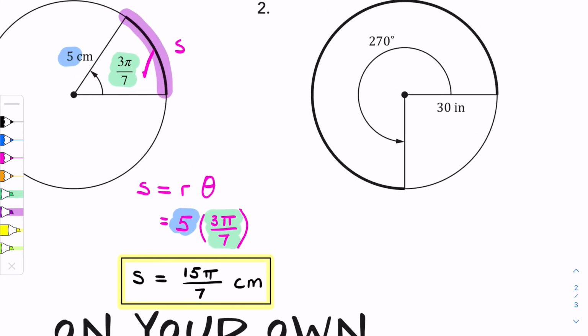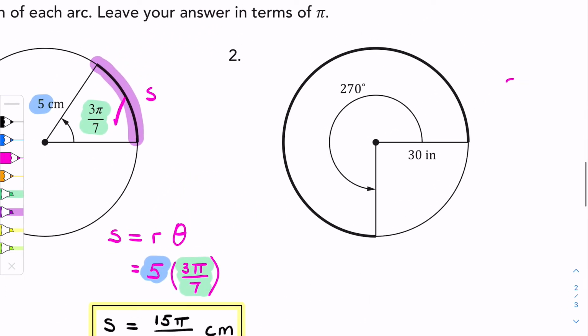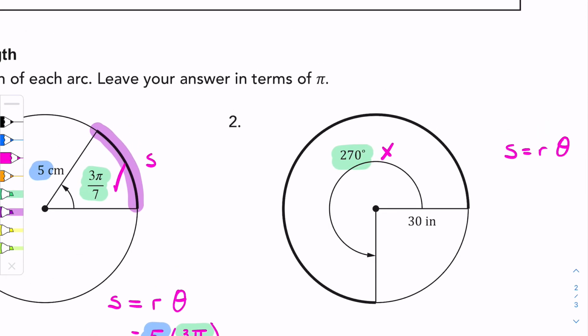For number 2, following the formula of arc length S is equal to the radius times theta, we need to start by checking to see if our angle measure is given in radians, which in this case it is not. So that's where I'm going to start. Kind of make a side note to yourself and convert 270 degrees to radians, which would require us to multiply by pi over 180.